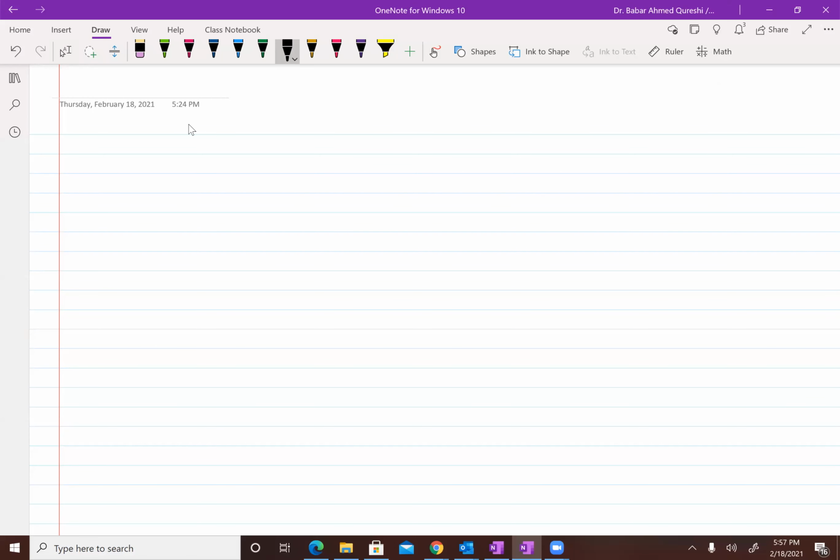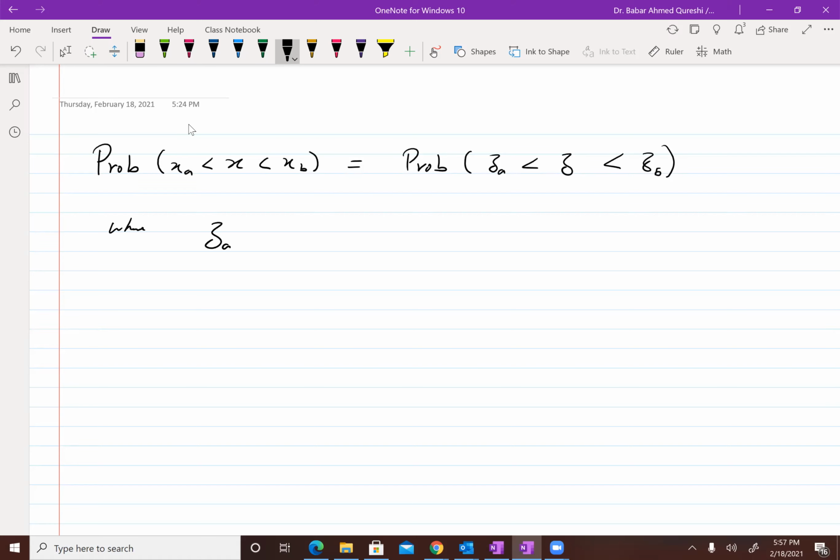So first of all, if you are computing the probability of a normally distributed variable to lie between two values, then this is the same as the probability of the standard normal to lie between two of its own values, where you compute this Z_a or Z_b through this. That's the relation.